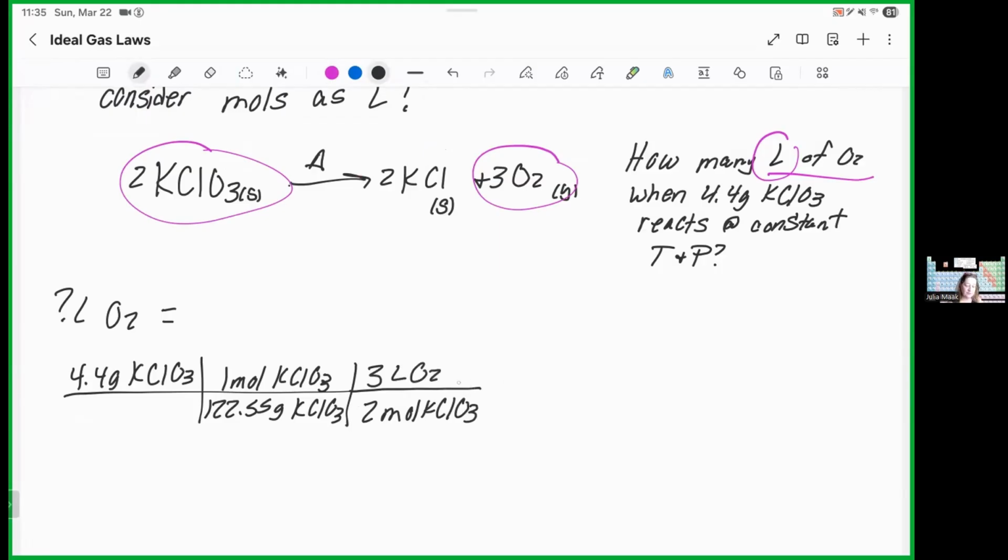Because we are at constant temperature and pressure, we can call this moles liters. And then let me calculate that real quick. Oh, I hit something wrong on my calculator.